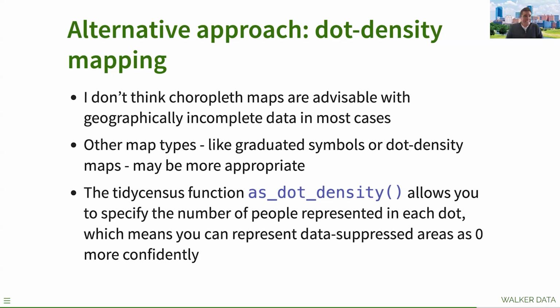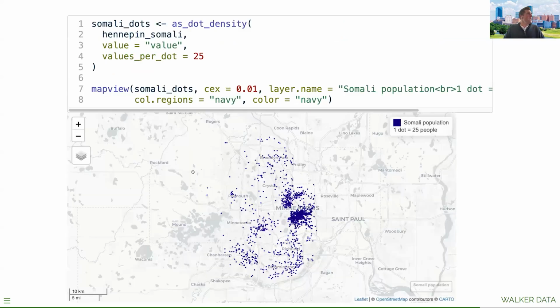And then you can represent data suppressed areas as 0 in not just a confident way, but in an actually visually accurate way. So let's talk this through. Data suppression in the ACS is going to happen where there are fewer than 25 Somalis in a given census tract. And so if there are fewer than 25 in a census tract, that area is not going to show up.